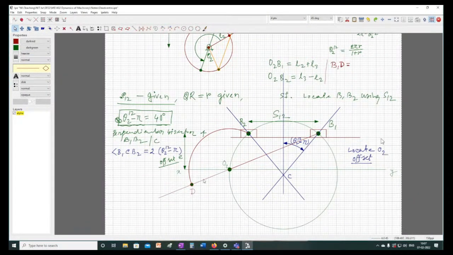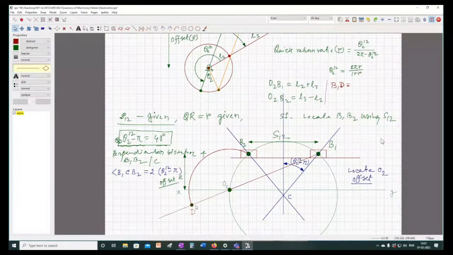So this D point is on the extended line of O2B1, and now you can see that O2D is equal to O2B2, right? Now if I want to write down this distance B1D, what should I write?